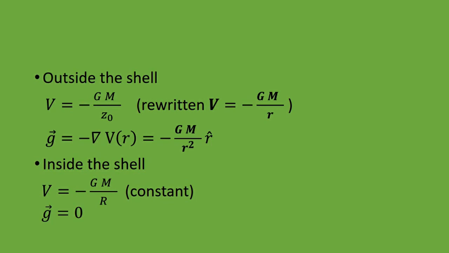So no matter where you are inside the shell, the potential is constant. What does it mean now? This means that the field strength, which is the gradient of the constant, should be 0. So inside the spherical shell, the gravitational field is 0. There is no gravity. If you go inside the shell, you will not feel gravity. You only feel gravity if you are outside the shell.